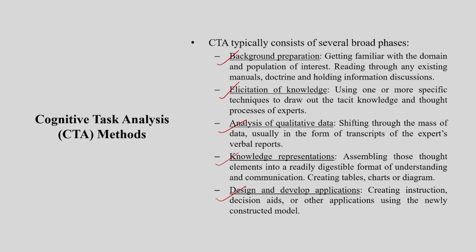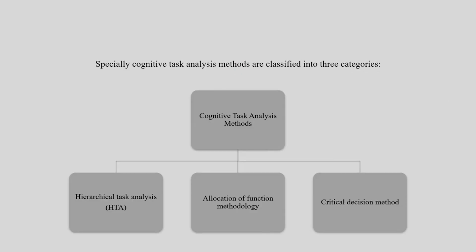Now, we are going to discuss a few of them, not all. There are many varieties available, however, we will discuss the broadly used methods. Mainly we are talking about hierarchical task analysis, because this is a method which is majorly used in many domains.